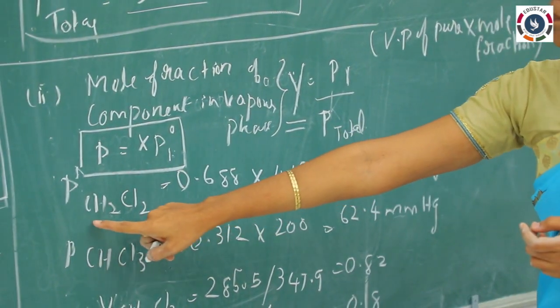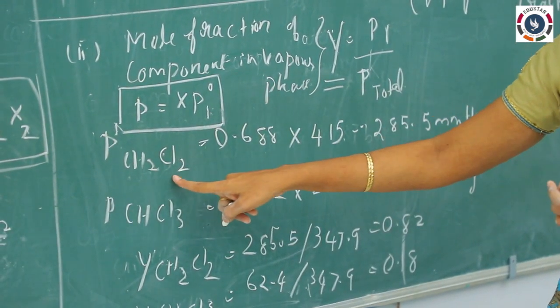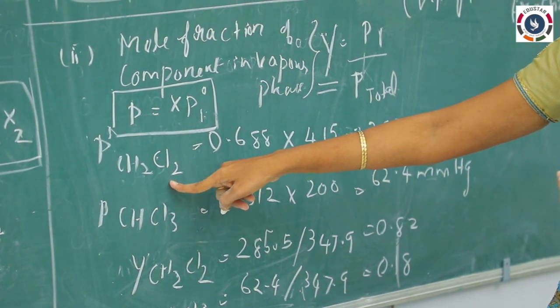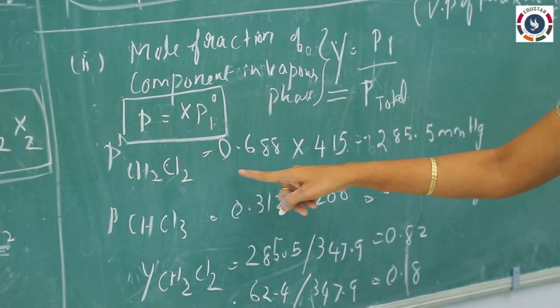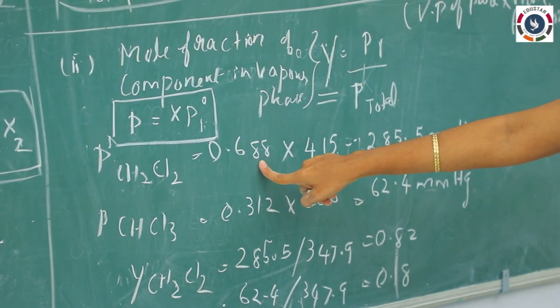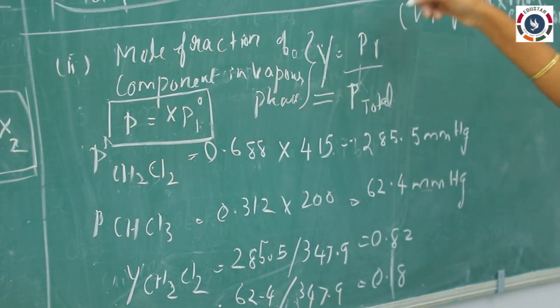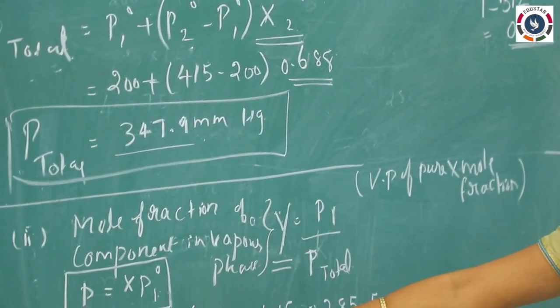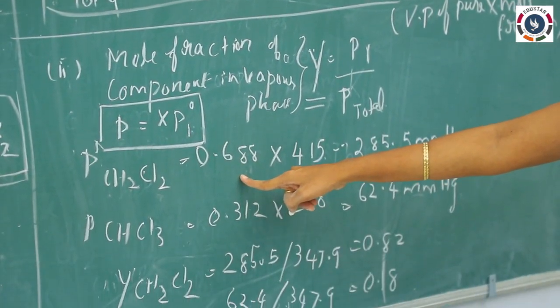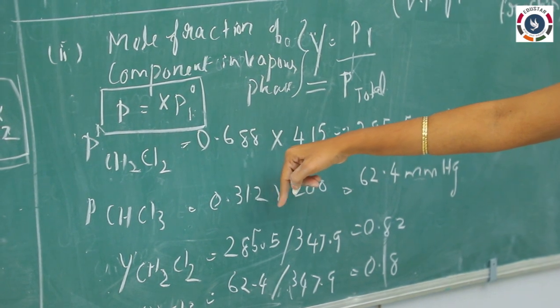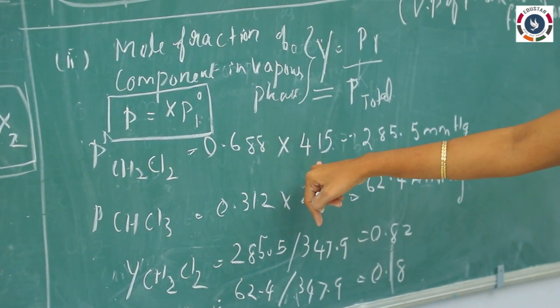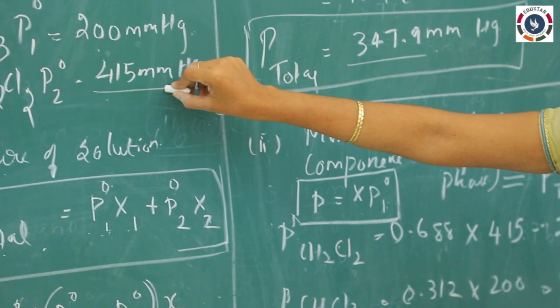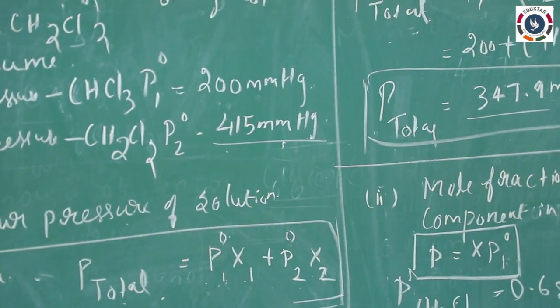Okay, the vapor pressure of dichloromethane is equal to, what is the mole fraction of dichloromethane? 0.688 into vapor pressure of pure dichloromethane. In the problem itself they have given this value, 450 mmHg.